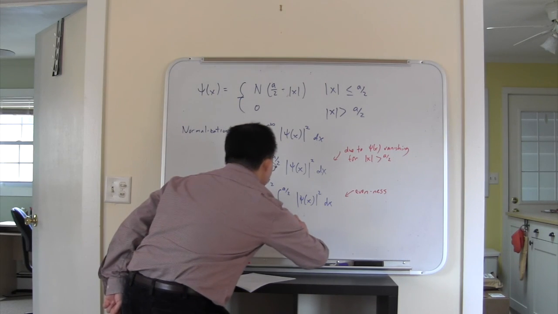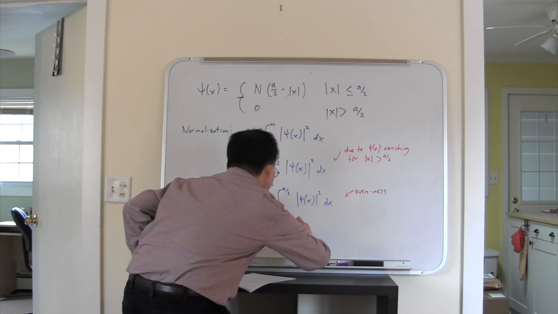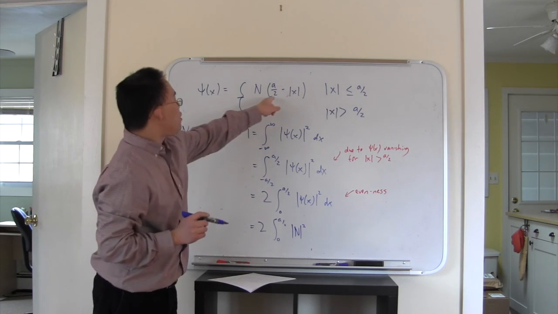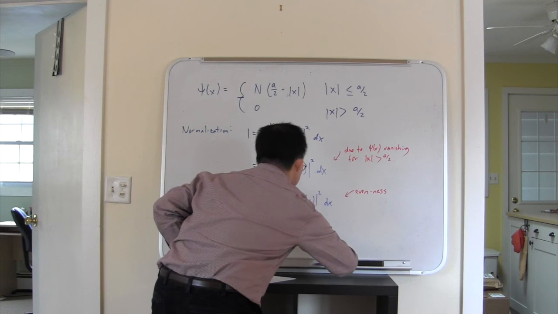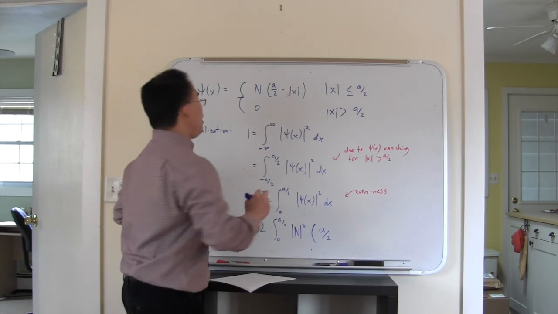Technically, if we let n possibly be complex, I'll just write this out as modulus of n squared. And then I want to square this piece. That's definitely real, a over 2.